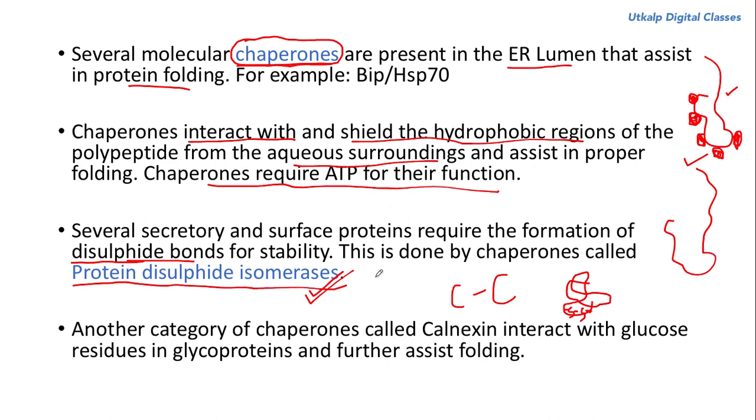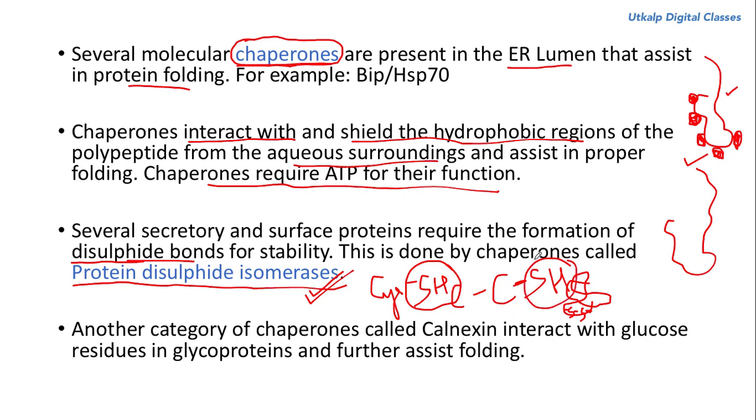So the ER lumen is actually oxidizing in nature. Therefore it oxidizes the cysteine residues: the sulfhydryl groups, the SH, present in the cysteine molecules are oxidized. The other cysteine also has a sulfhydryl residue, and this is also oxidized.